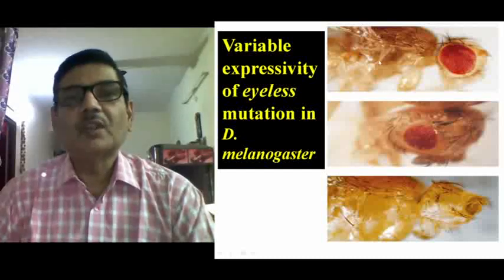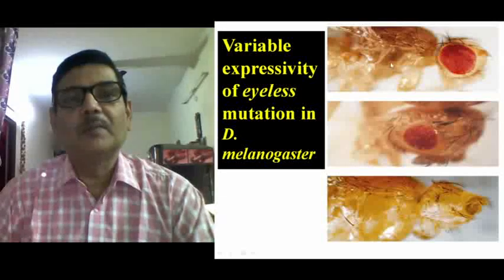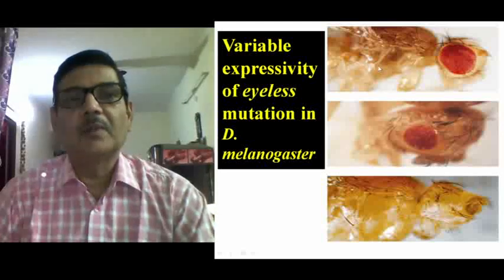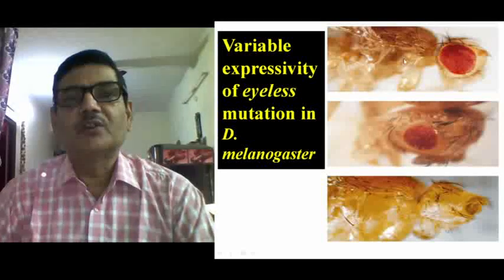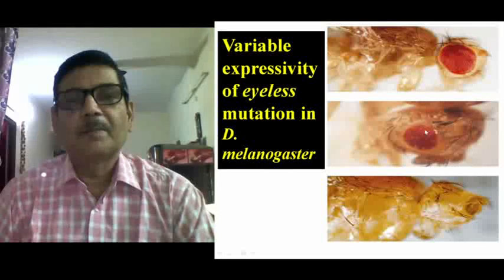So we can have two Drosophila flies, one male, one female, both having the same genotype, that is, both having the eyeless mutation, and if they are crossed with each other, then in the next generation we find different kinds of flies: those having normal structure of their eyes, then flies having a reduction in the size of their eyes, then flies in which one or both eyes may be absent.